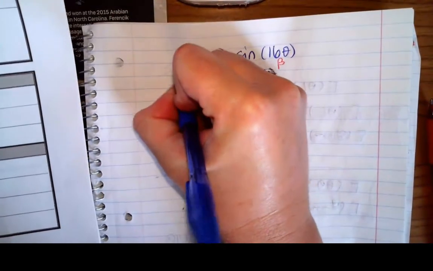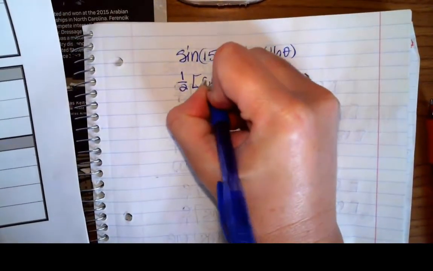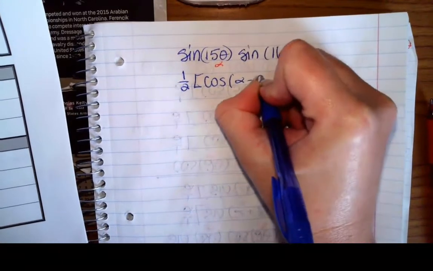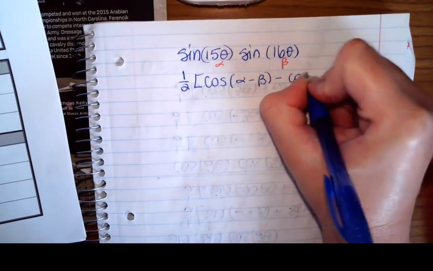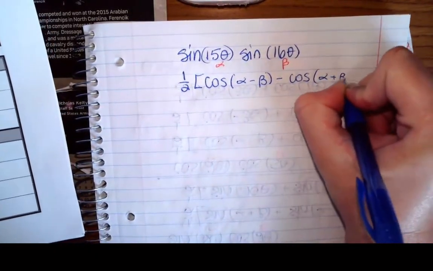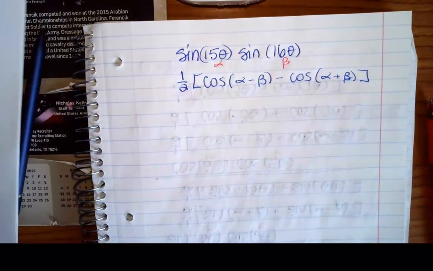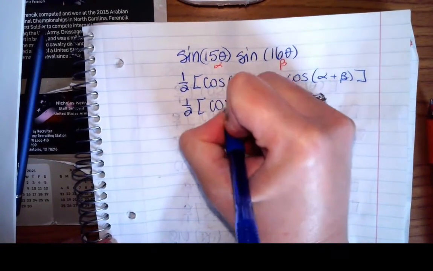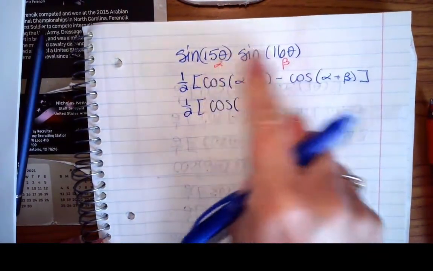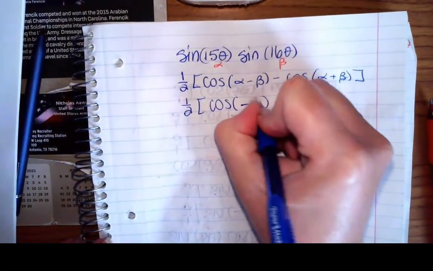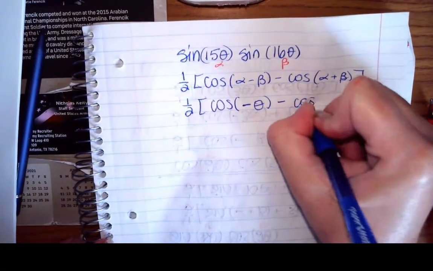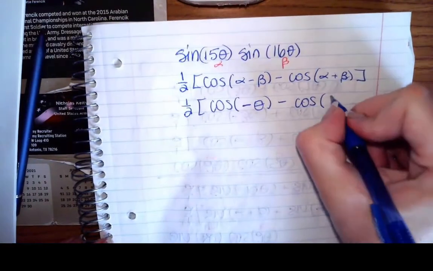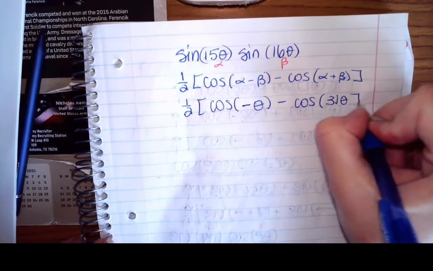So I've got 1/2 times the cosine of alpha minus beta minus the cosine of alpha plus beta. So 1/2 times the cosine of, subtract yours, so I get a negative theta, minus the cosine of, add these, I get 31 theta.